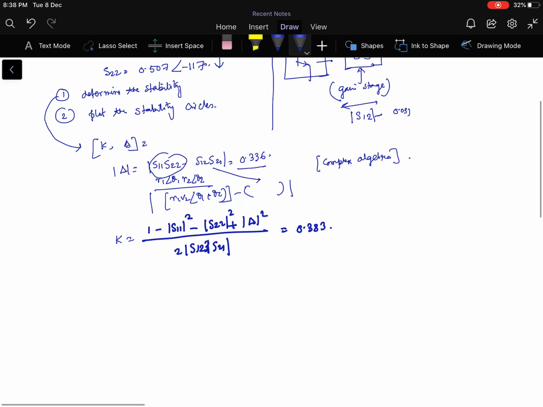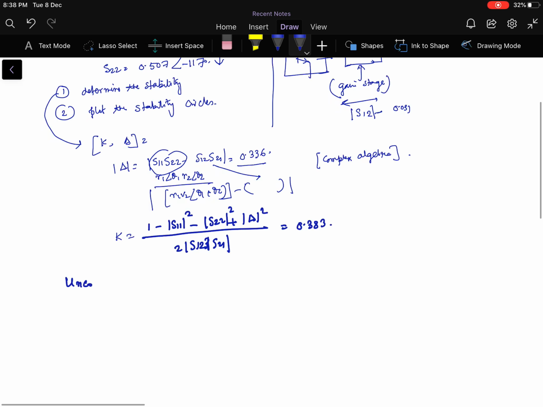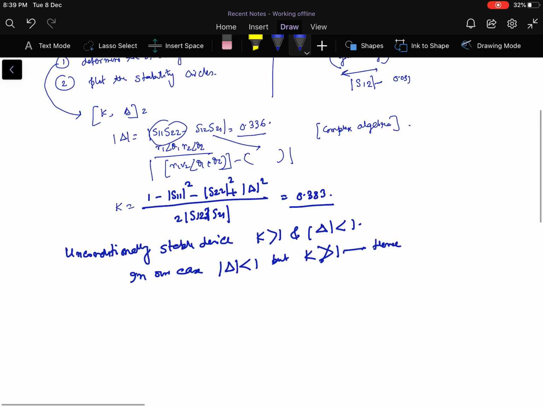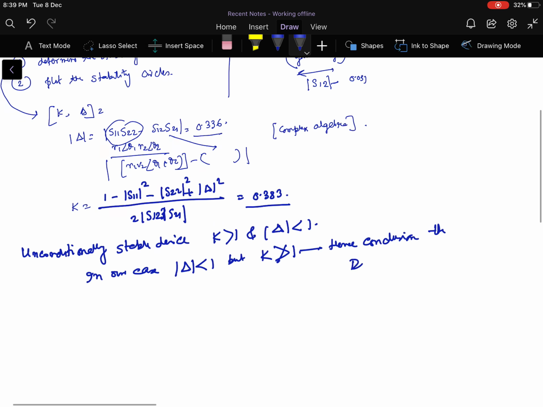We all know that for an unconditionally stable device, k should be greater than 1 and mod delta should be less than 1. In our case mod delta is less than 1, but k is not greater than 1. The value of k is 0.383. Hence the conclusion is the device is not stable.